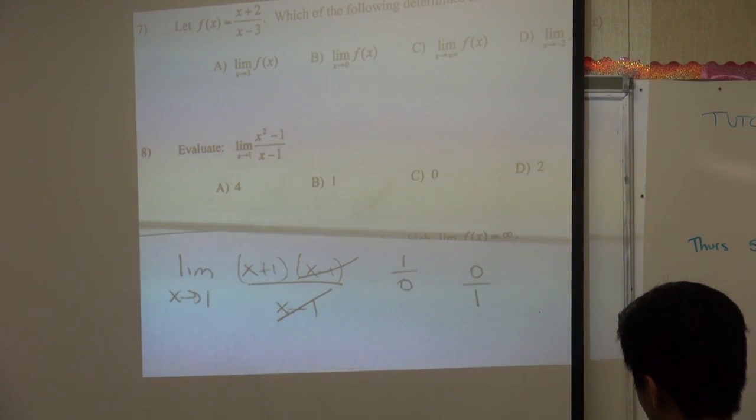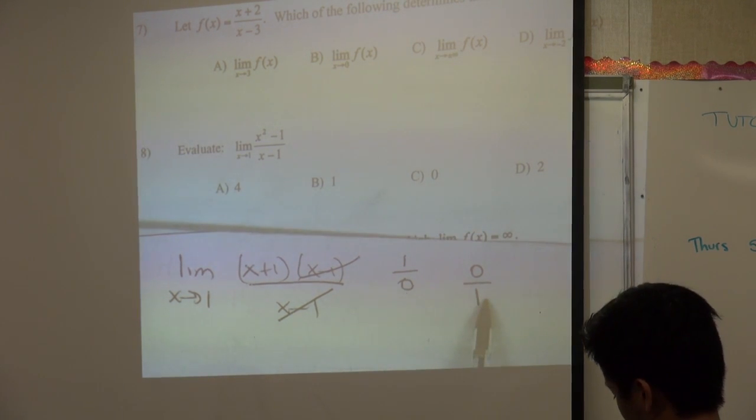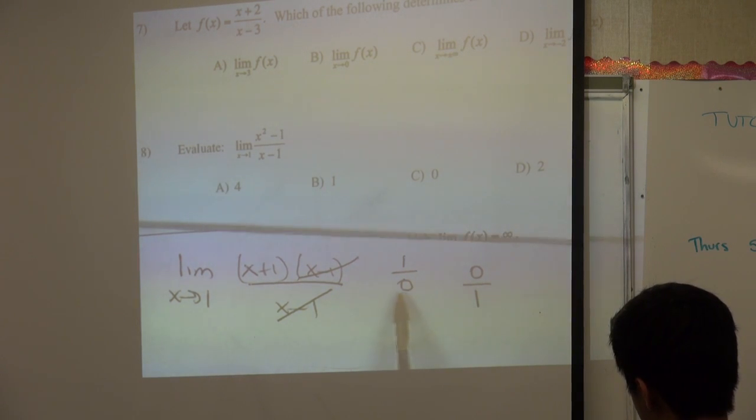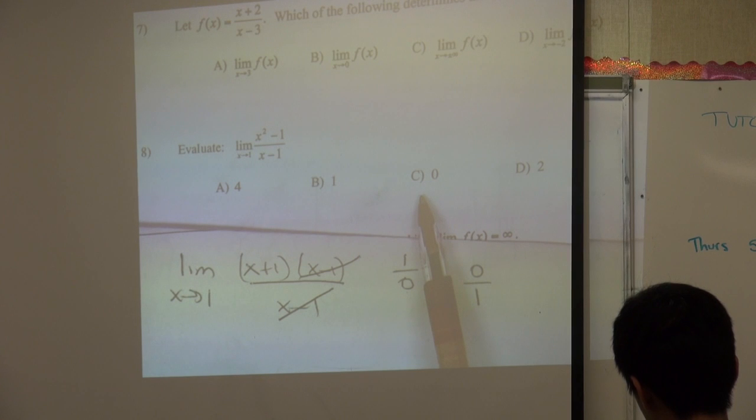Every once in a while, I have math analysis students who say that this answer is 0 and this answer is undefined. And that means they have poor number sense. If you get 0 in the denominator, it doesn't matter what you get in the numerator. It's undefined. And undefined and 0 are not the same thing.